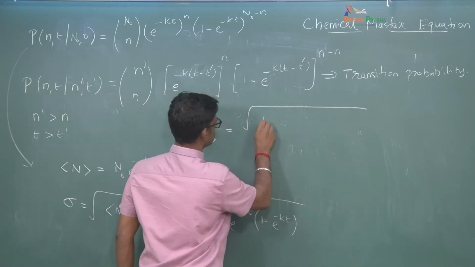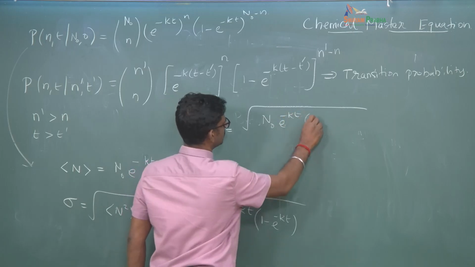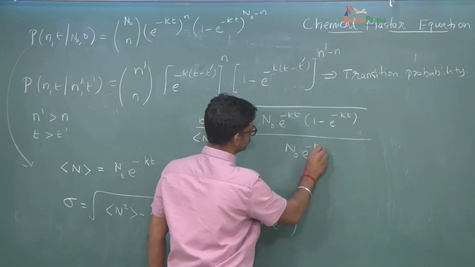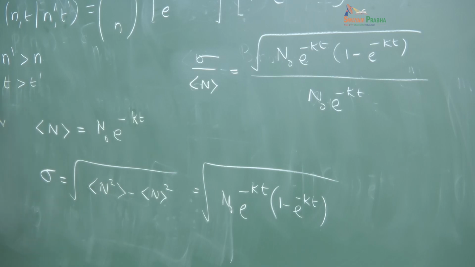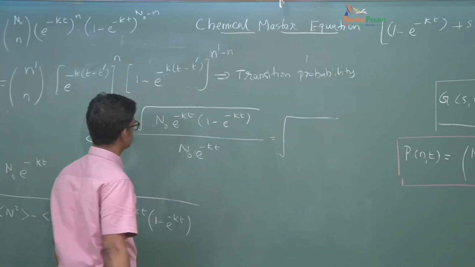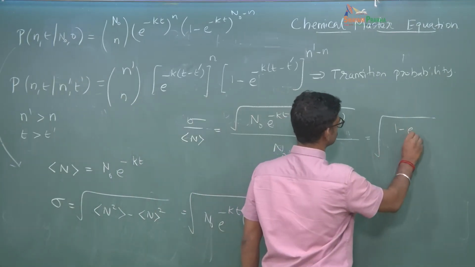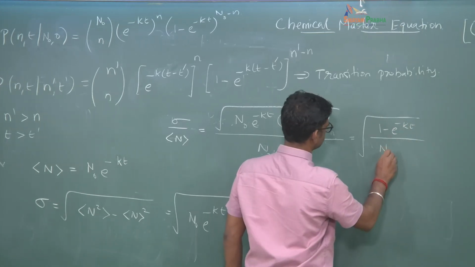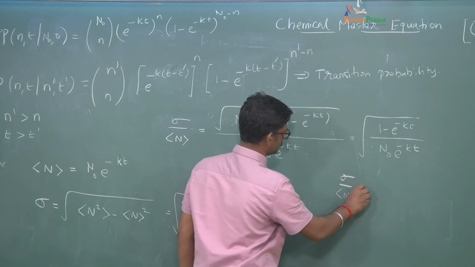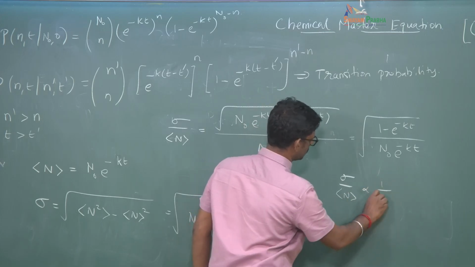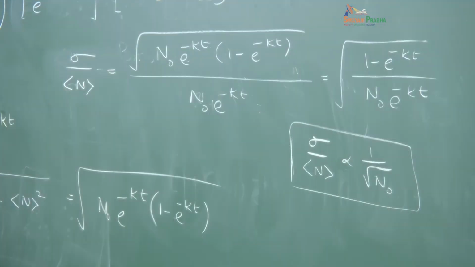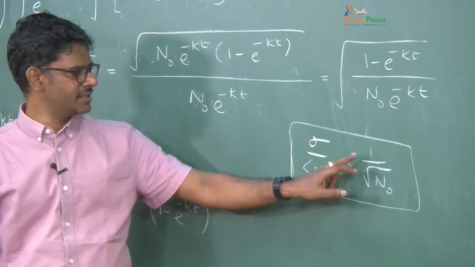So n naught e power minus kt. So standard deviation with respect to the mean will scale as 1 by square root of n naught.